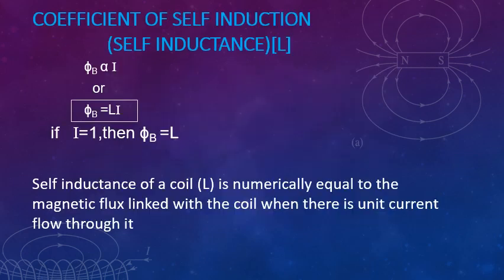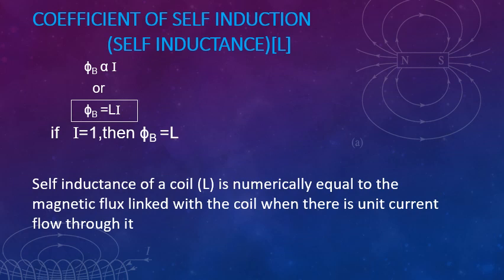Next, we will define coefficient of self-induction or self-inductance, capital L. When a current flows through a coil, it sets up magnetic flux through it. The magnetic flux phi B is directly proportional to the current I. That is, flux phi B is directly proportional to I, or flux phi B is equal to L into I, where L is a constant.